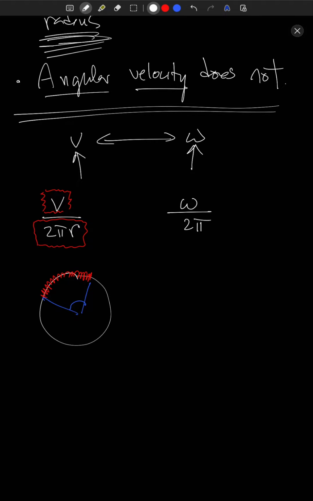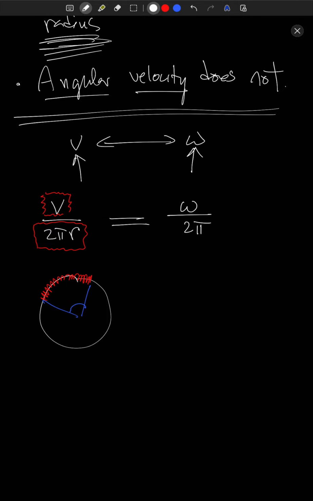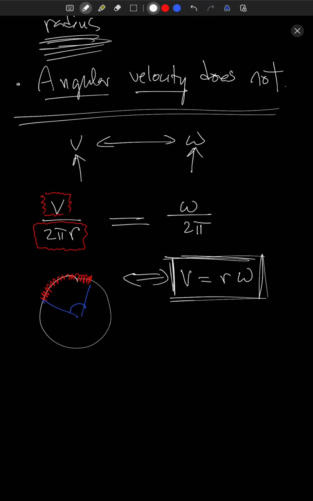So these two ratios should be the same, and this gives me the relationship that allows me to convert between linear and angular velocity. So v over 2 pi r is equal to omega over 2 pi. There's 2 pi on both sides. I can multiply the r on both sides to clean it up. So this is the same as v equals r omega. This would be the general formula that converts you from one measure of velocity to the other measure of velocity.